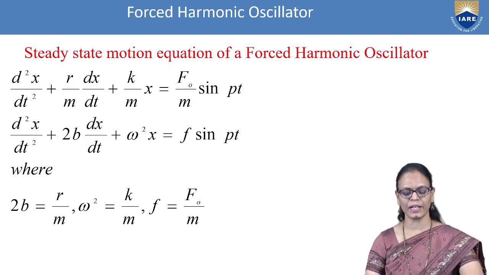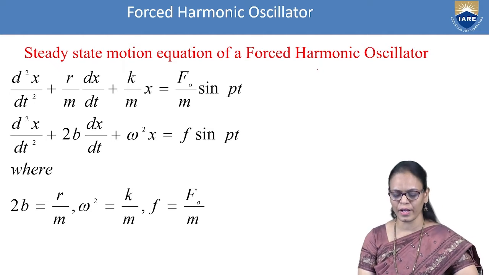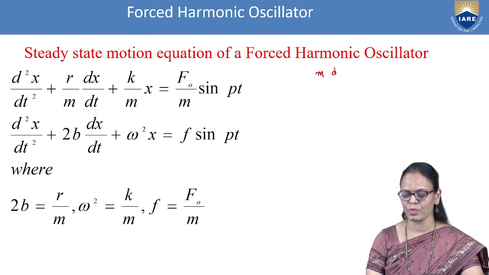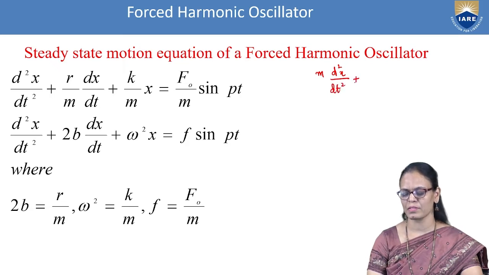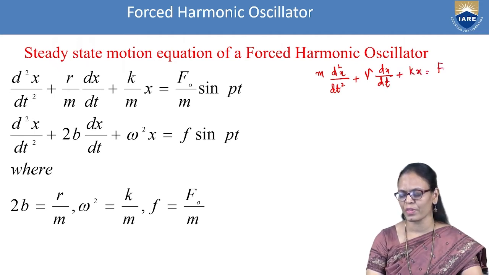Now let us write the equation for this. We have taken m into d square x by dt square plus gamma into dx by dt plus kx is equal to f naught sine pt.